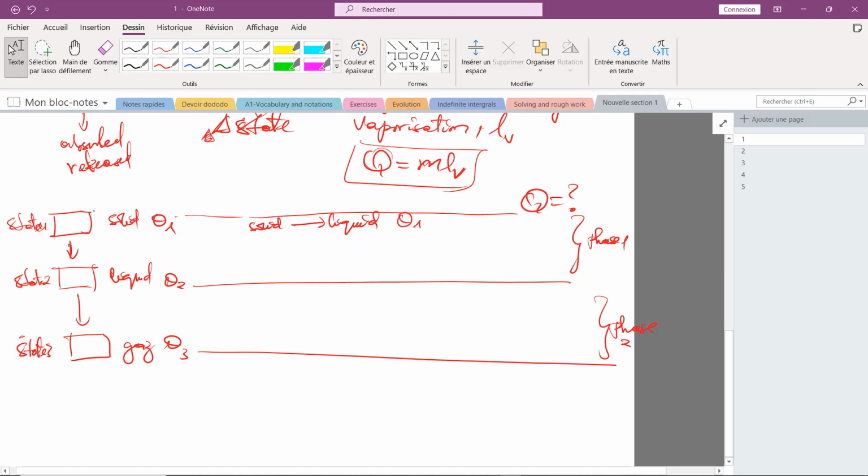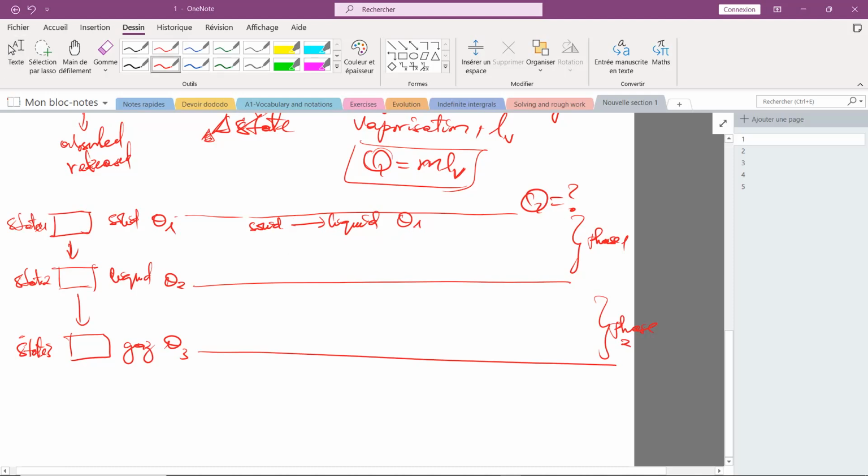So if I apply heat to this system, ice will first leave the solid state into the liquid state at the same temperature. It will first become liquid.